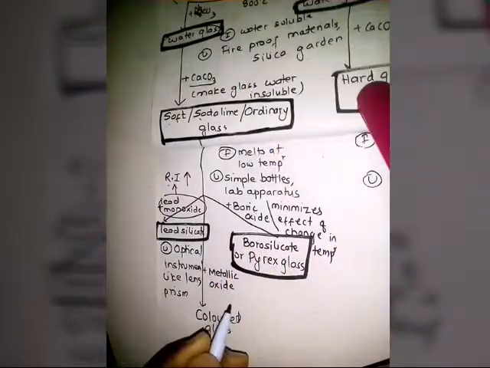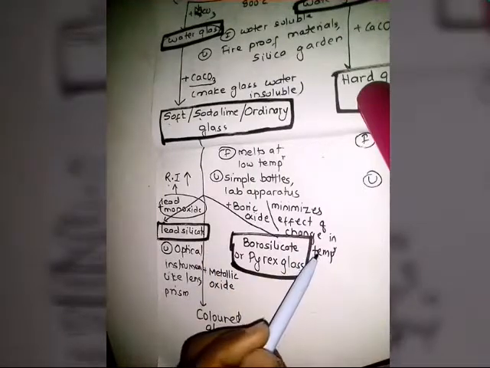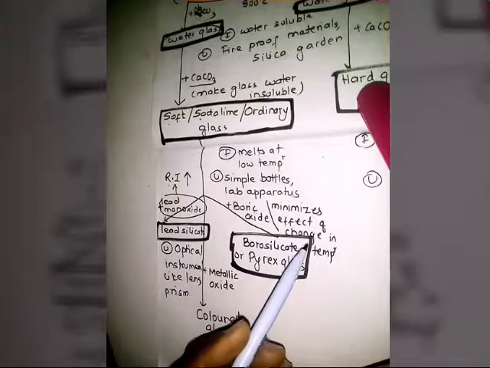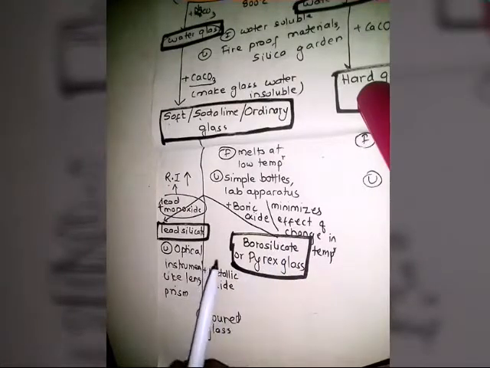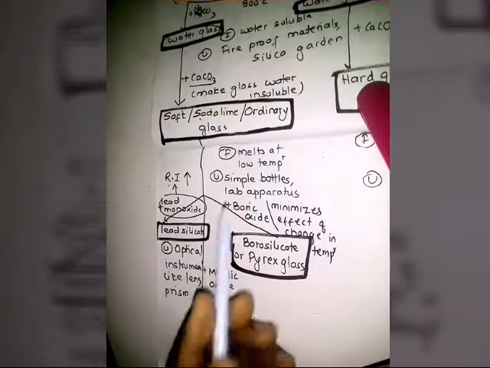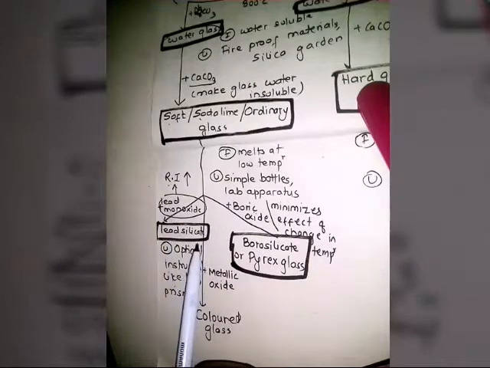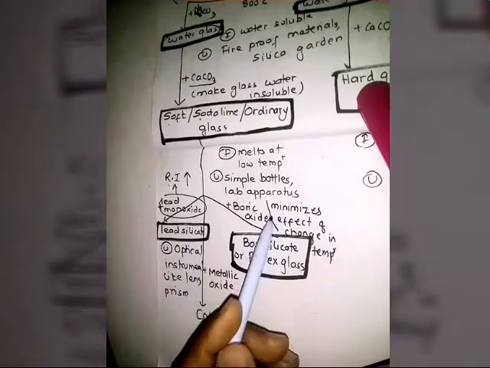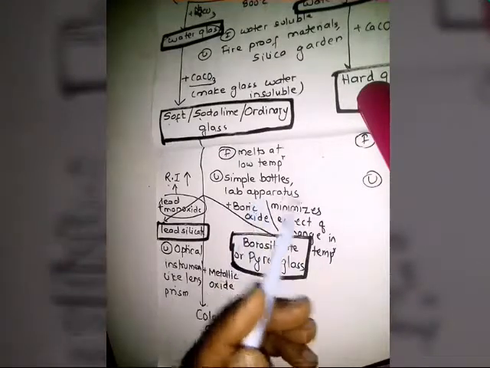So this means, if we change the temperature of glass from high to low, or low to high, the glass can have a problem, it can crack. But because we're adding boric oxide, this makes glass more heat resistant, or the effect of change in temperature is less. So this is a feature.